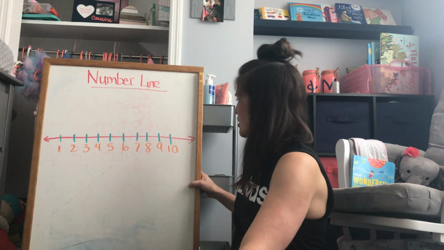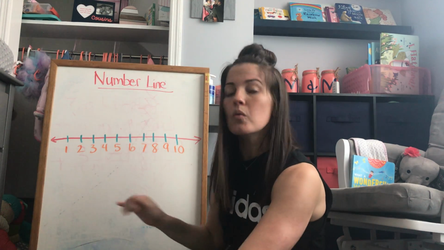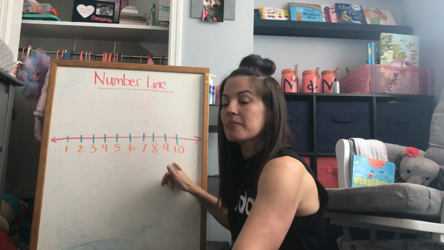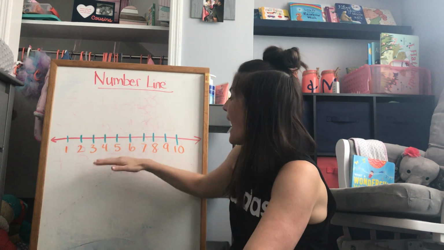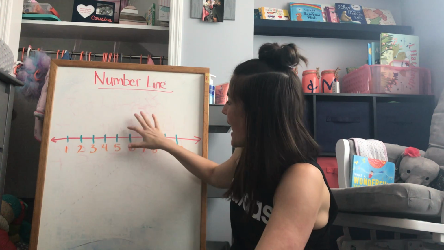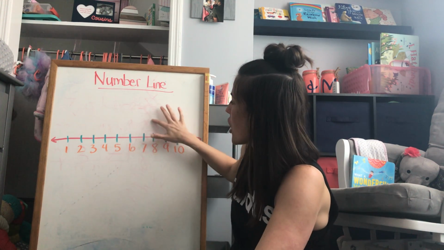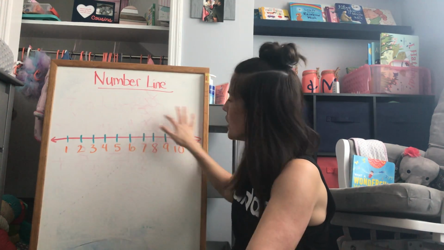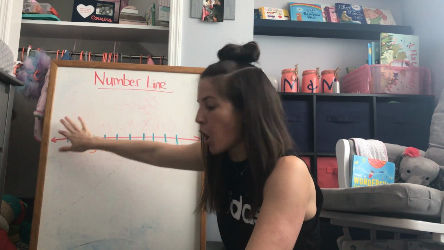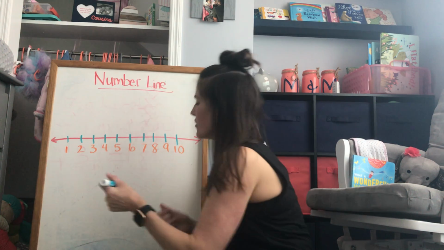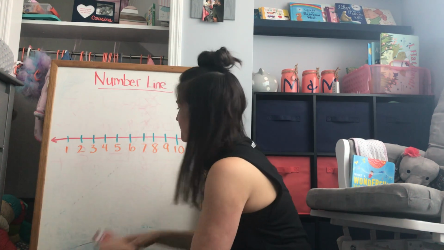So I want you to take a peek up here. At school, we have these on our name tags. You have a number line that actually goes all the way to 20. When I use a number line, I can talk about numbers that are greater, more, and numbers that are less, smaller. So I'm just going to write a little arrow down here. Let me pick a different color.